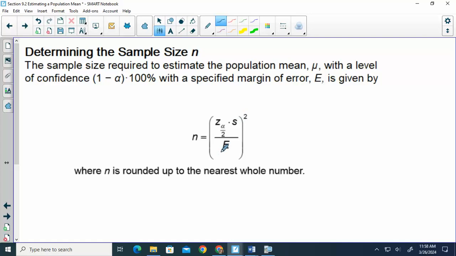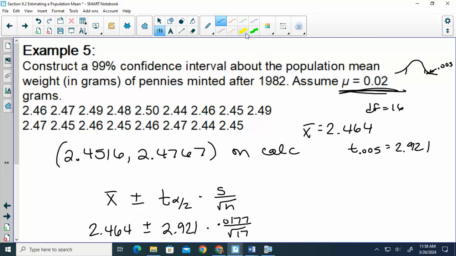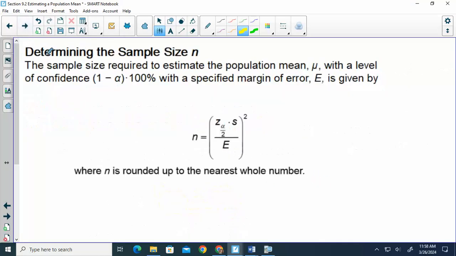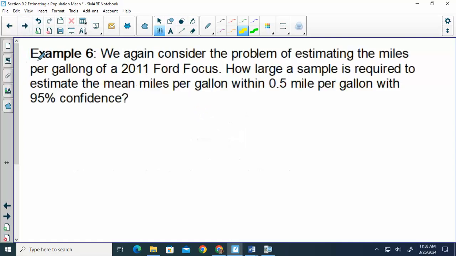S is sample standard deviation. E is the error, which remember, error is the thing we're adding or subtracting. A lot of times in these problems I'm going to give you a percent error, so I'll tell you what that number is and you just have to plug it in.